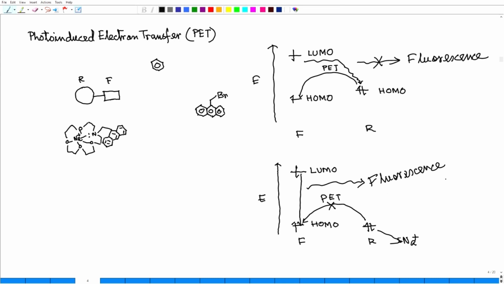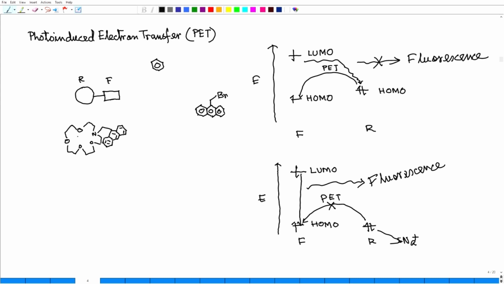So, what happened? I synthesize this system, and then excite the fluorophore, and nothing happens because PET is operational.